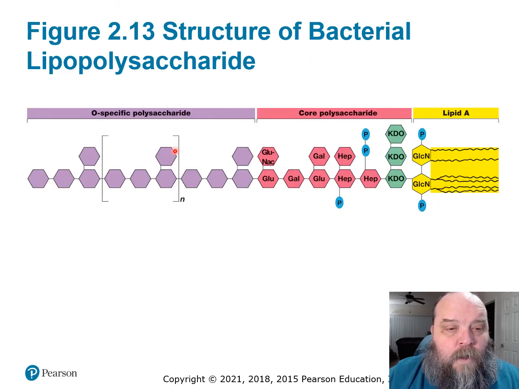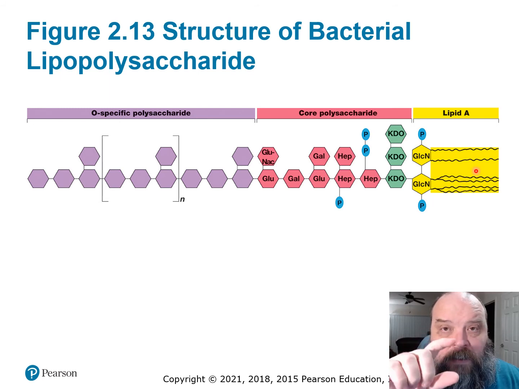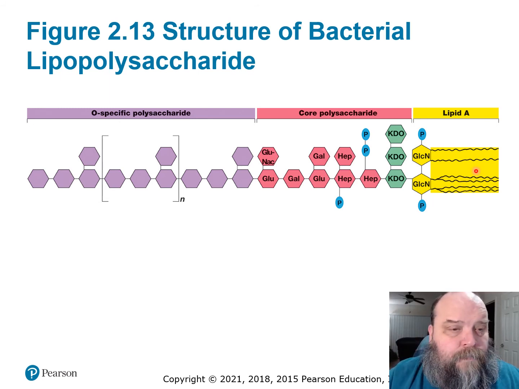So you see the O, the core, multiple sugars, different types, branching chains, but it's this lipid A right here. This is what does the damage. And it's interesting, if you go and get a shot, if you look at the vial they're taking it out of, you'll see it'll say endotoxin tested.